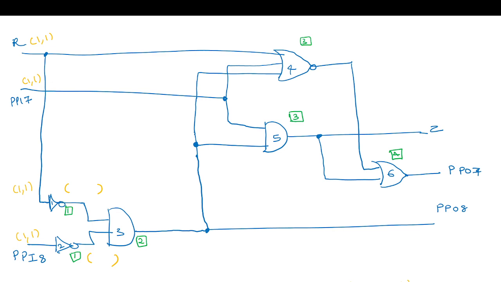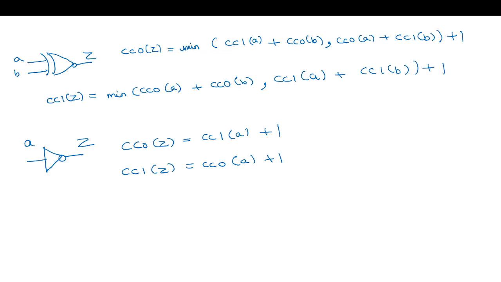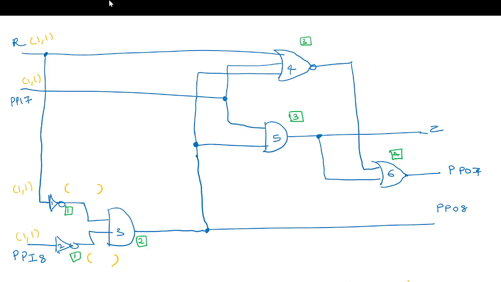For the inverter, we have seen it is, for 0 controllability, 1 plus 1, and for 1 controllability, 0 plus 1. So for 0 I will take this one. This is 1, 1 plus 1, 2. And for 1, 0 plus 1, so again 2.